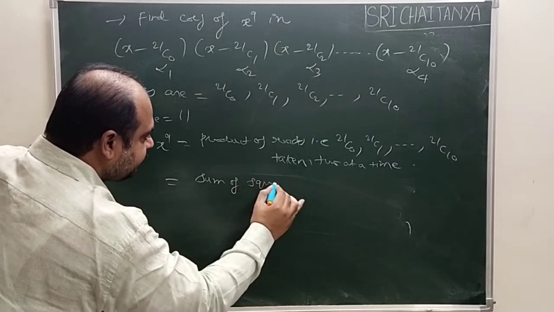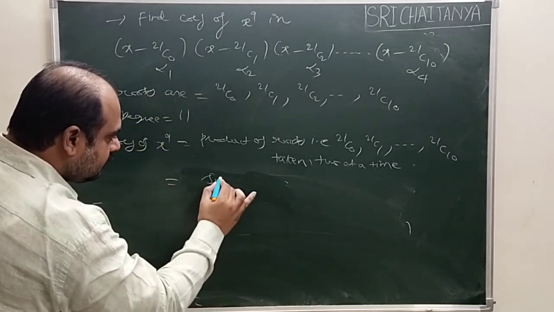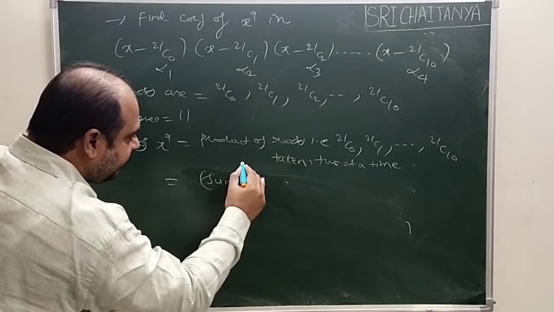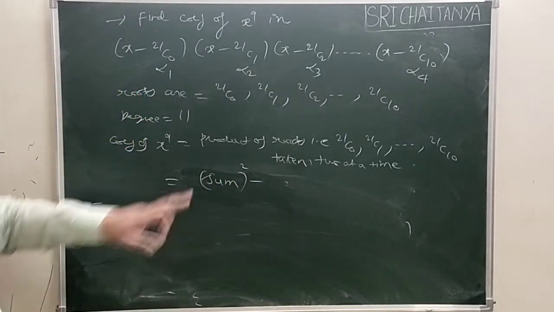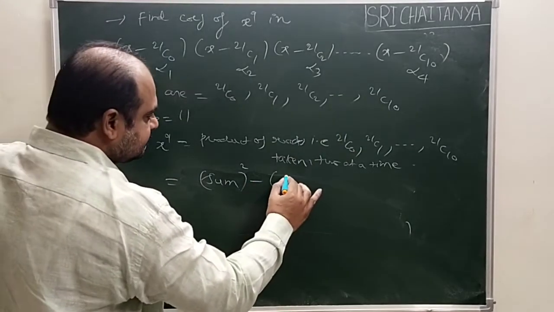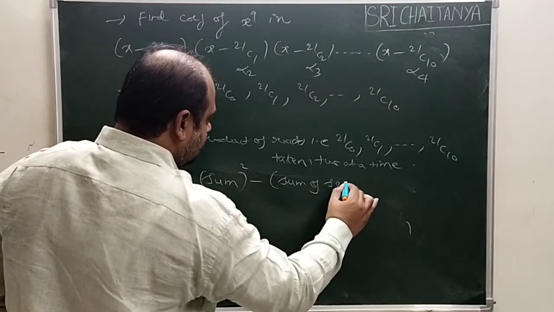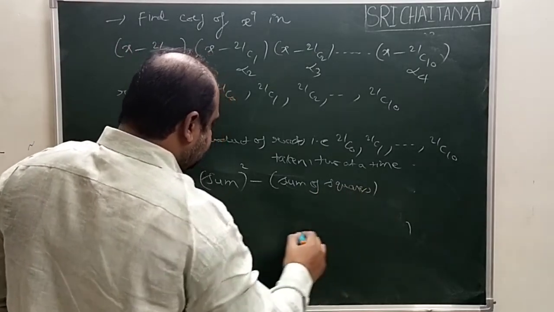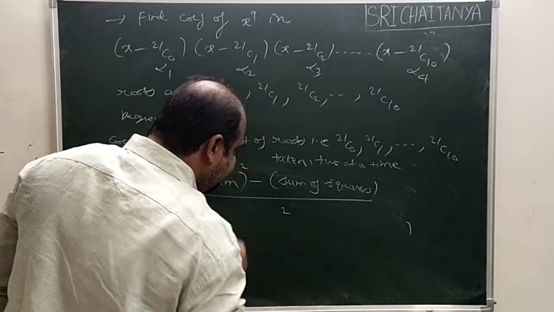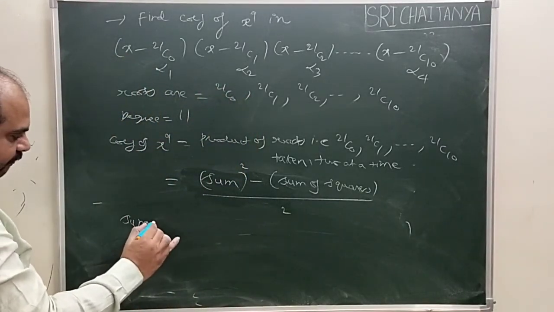Sum of squares. These are 11 numbers. It is (sum) square minus sum of squares, divided by 2. Now I am calculating the sum.